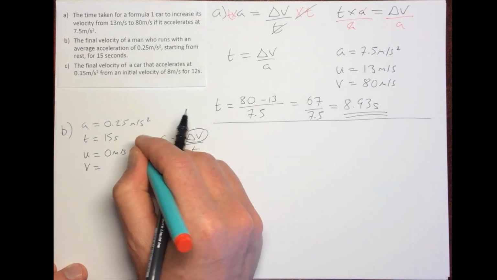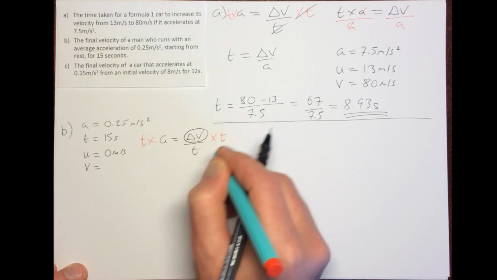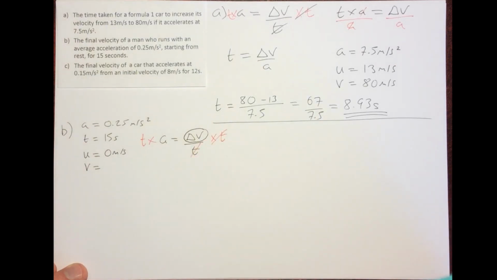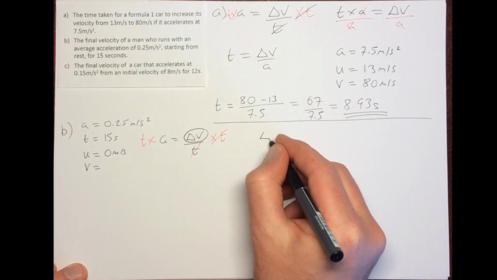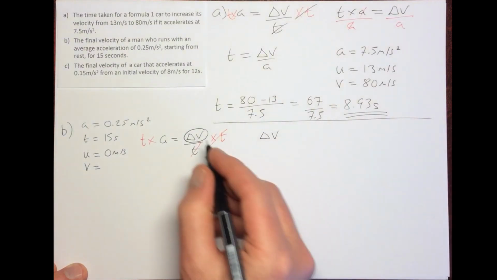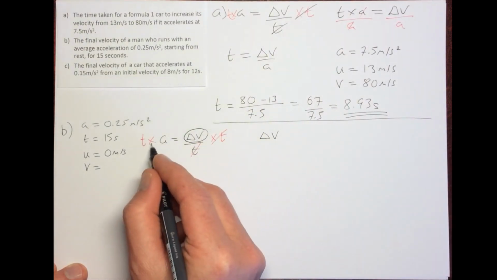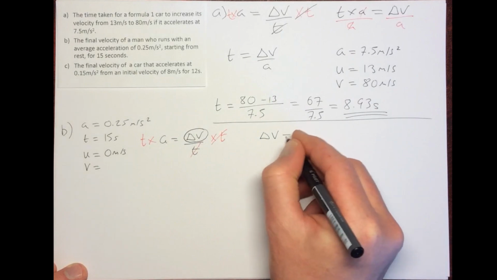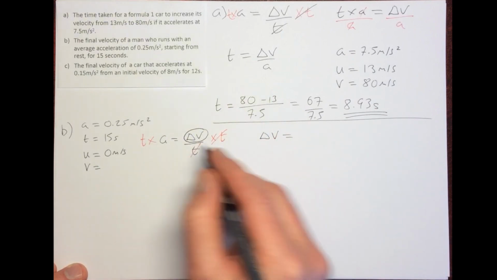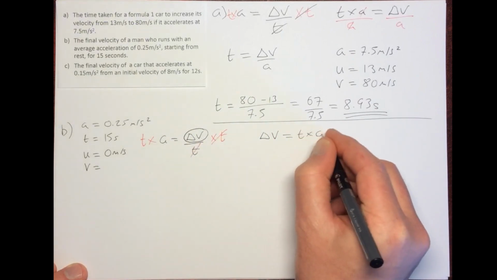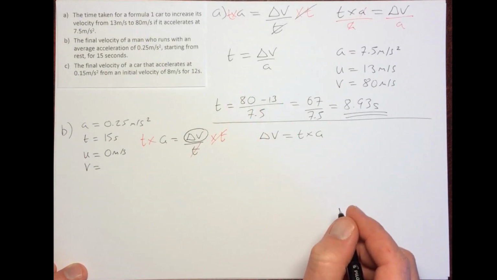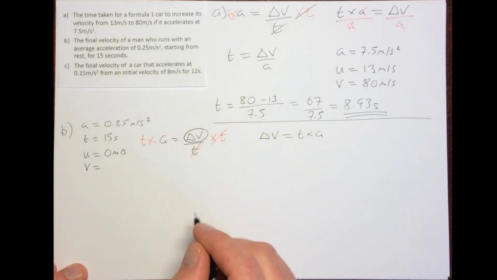So you have to times both sides by t, and then they cancel out. So we know now that delta v, and all I'm doing here is just flipping the equation round, t times a equals delta v, but you can simply write that with delta v on the left hand side and t times a on the right hand side. It doesn't make any difference, or even a times t makes no difference.